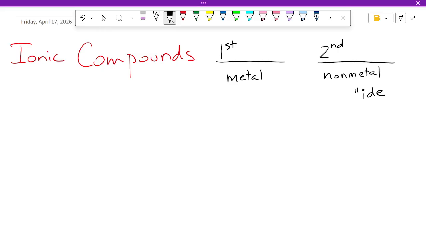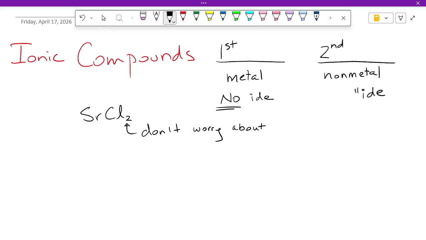Do we change the metal to "ide"? No "ide." Did we have to worry about the little numbers? Don't worry about the little numbers. So how do we know that we have an ionic compound?